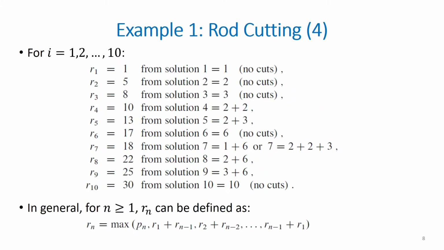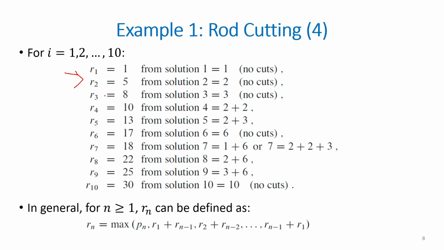In our example, where we have rods of maximum length 10 inches, the optimal decomposition can be determined by inspecting the revenues obtained for all values of n from 1 to 10 as shown over here. So R1 corresponds to the maximum revenue of a 1-inch rod, which according to the table is $1.